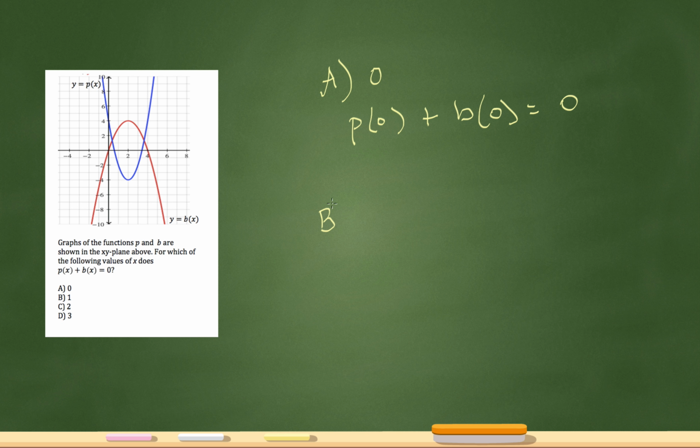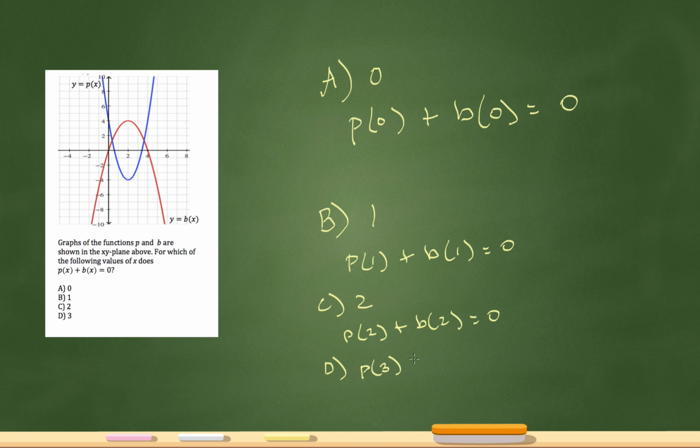Answer choice B, which is 1, is saying p of 1 plus b of 1 equals 0. Answer choice C, which is 2, is saying p of 2 plus b of 2 equals 0. And lastly, I have D, which is saying p of 3 plus b of 3 equals 0.